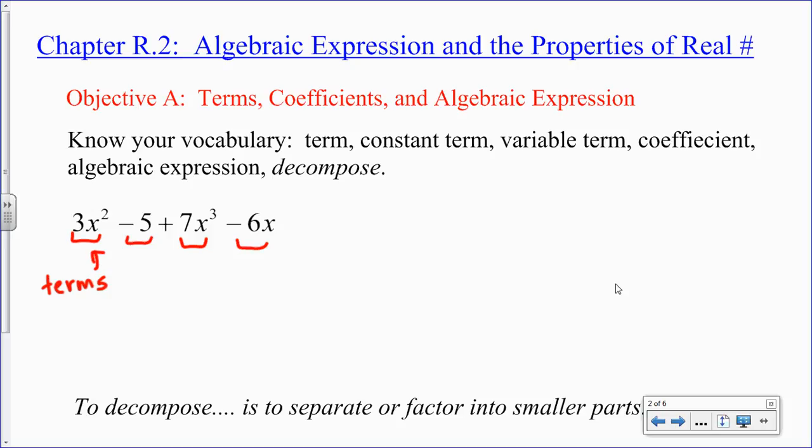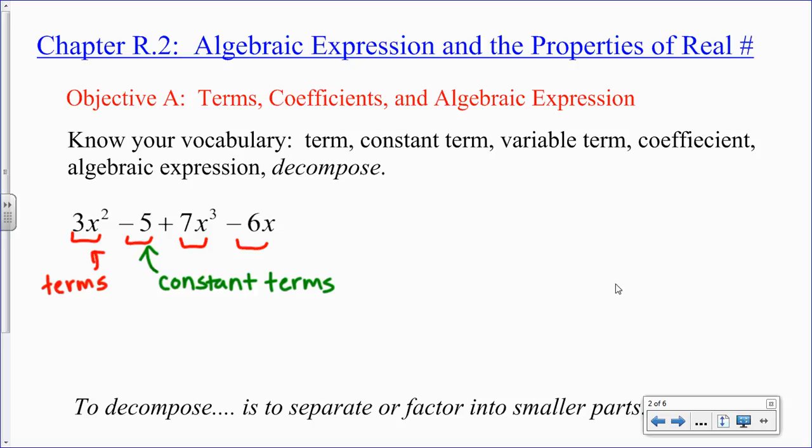Why is that the constant term? How'd you know? Right, it doesn't have a variable. So therefore, my variable terms are the terms that have variables.